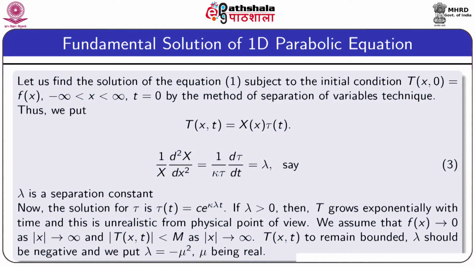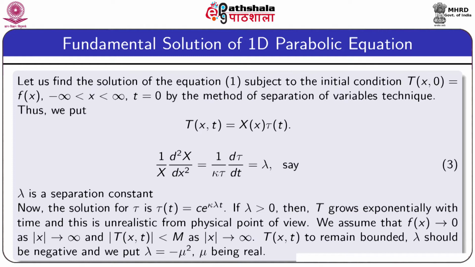Let the separation constant be lambda. Now, equating 1 by kappa tau d tau dt equals lambda, we can find the value of tau as c into e to the power kappa lambda t.